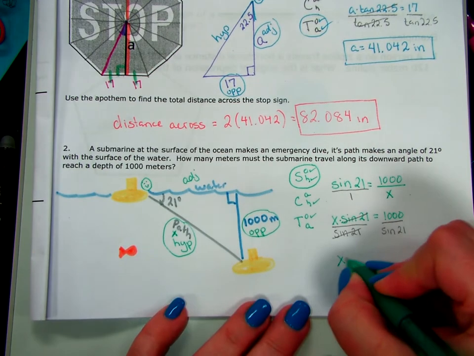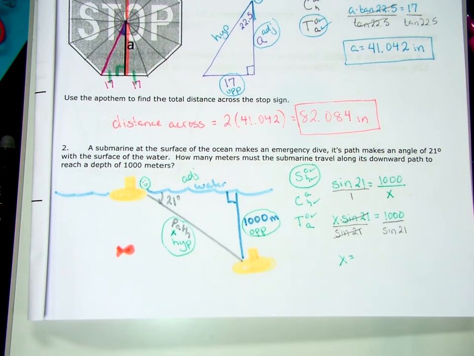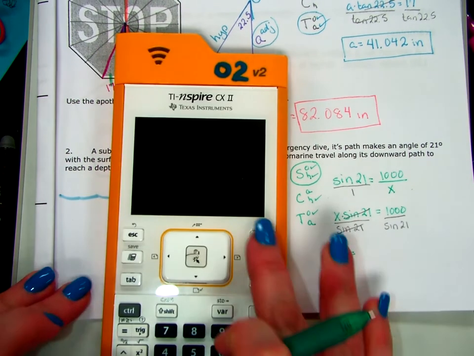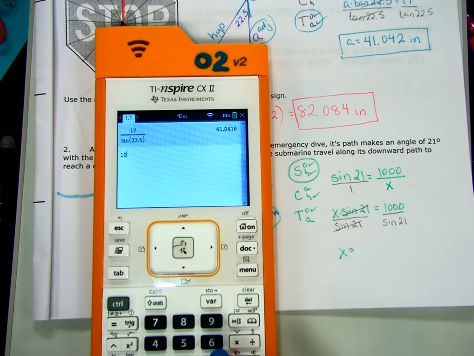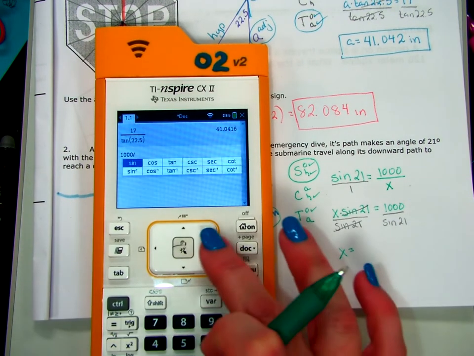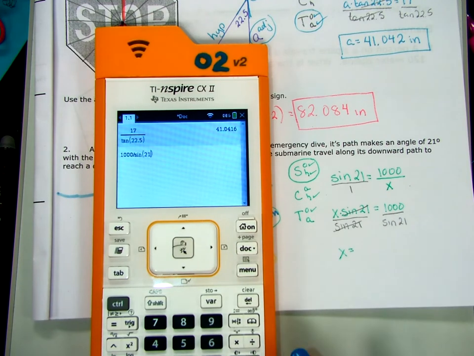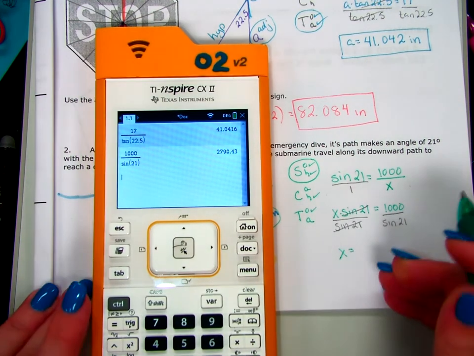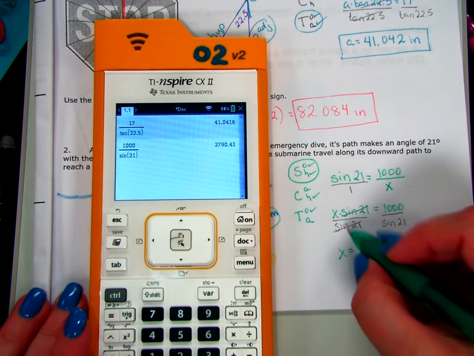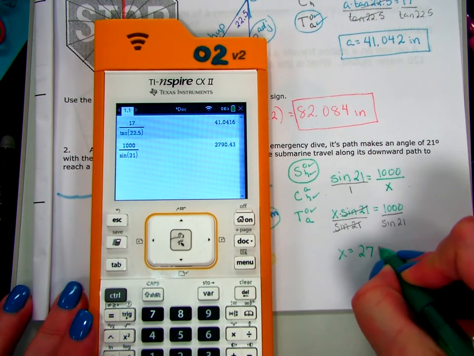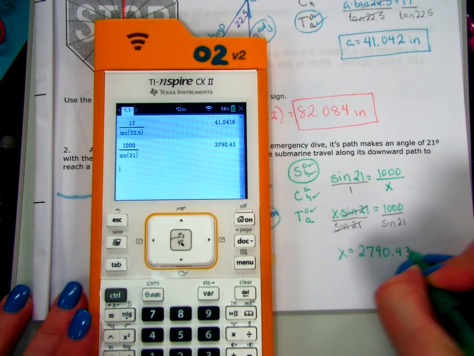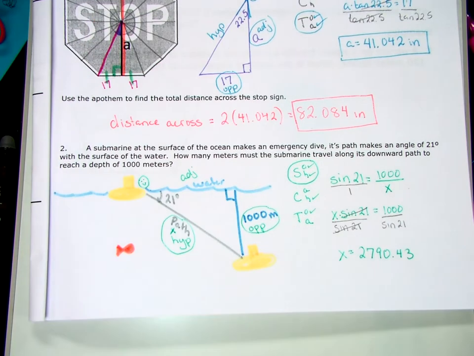So x equals 1,000 divided by the sine of 21 to 3 decimal places. Oh, it doesn't give us 3 decimal places, so we're just going to give what it gives. 2,790.43. What are my units? Meters.